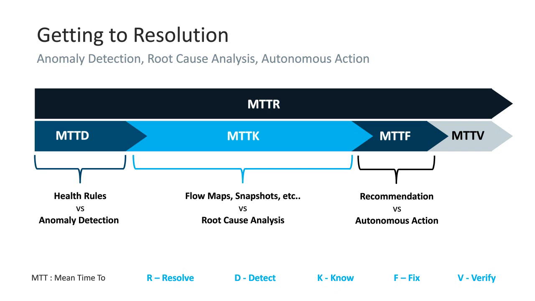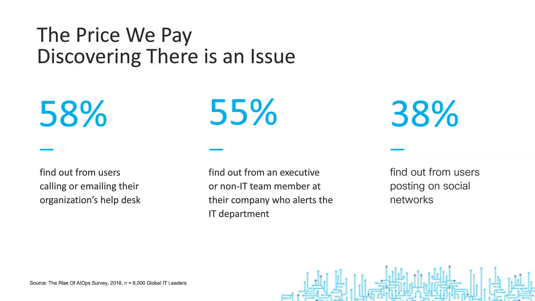You need to discover that there is a problem in a timely manner. In the Rise of AIOps survey conducted in 2018 of around 6,000 global IT leaders, we found that 58% find out from users calling or emailing their organization's help desk if there's an issue. 55% find out from an executive or non-IT team member at their company who alerts the IT department.